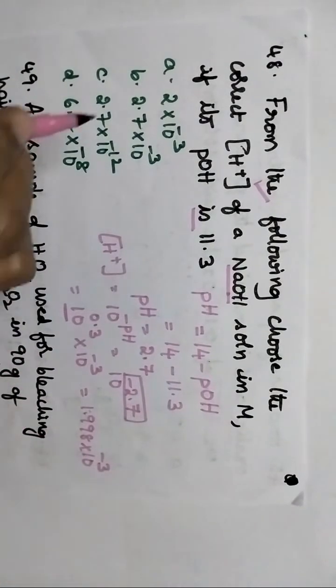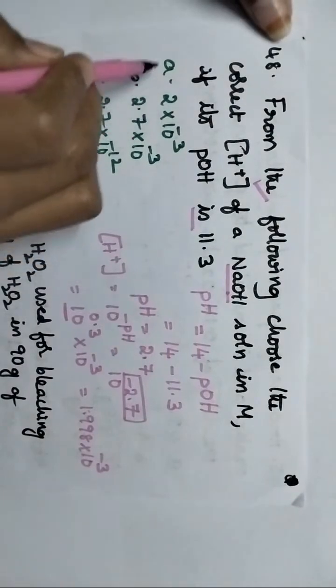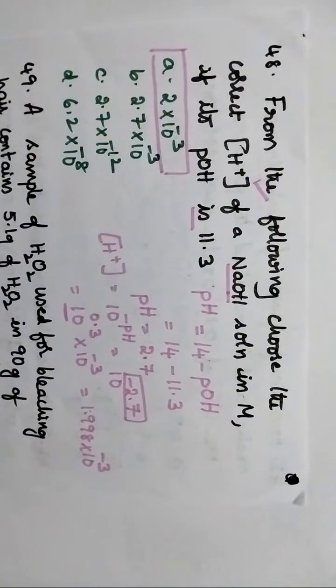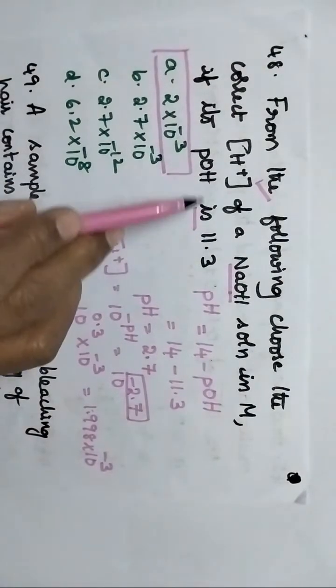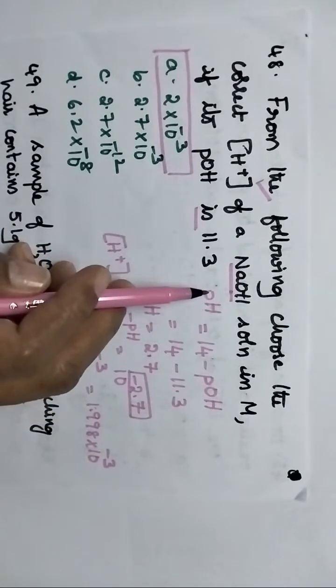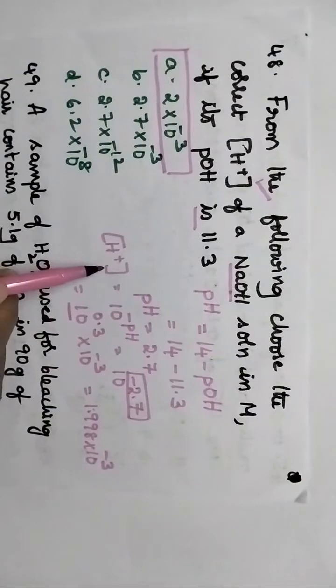So this value is very close to option A. 2 into 10 power minus 3 is the right answer. Clear? You have to analyze the concept in that way. So pOH of the NaOH solution is given. Then you have to calculate first pH. Then you can calculate H plus ion concentration.